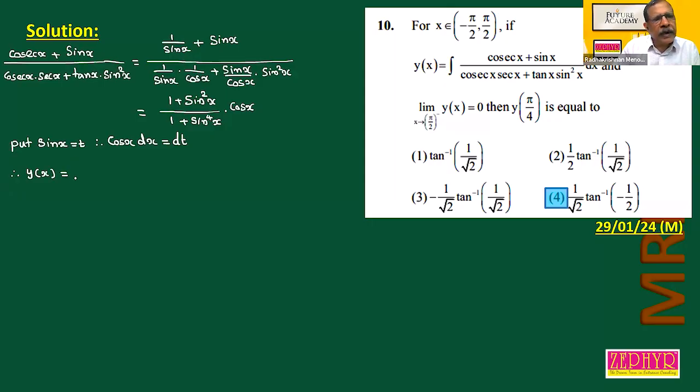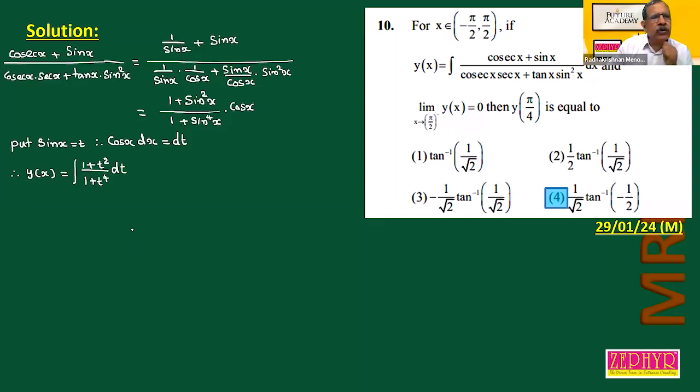It will be the integral with numerator 1 plus t squared and denominator 1 plus t raised to 4, and cos x dx will be dt, where t is equal to sin x.